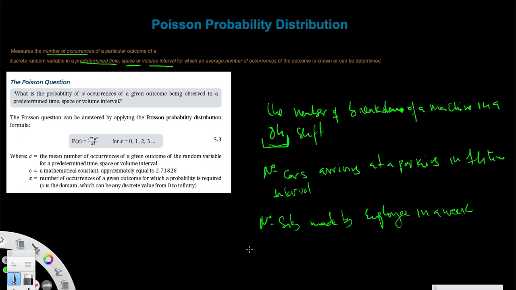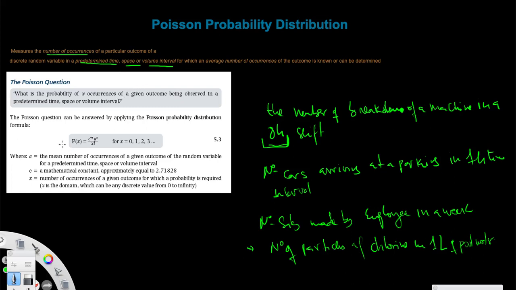Something else, maybe closer to home in science, maybe the number of particles of chlorine in 1 liter of pool water. So this is a volume again.